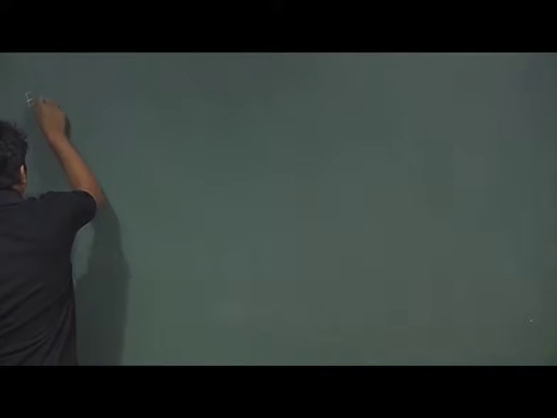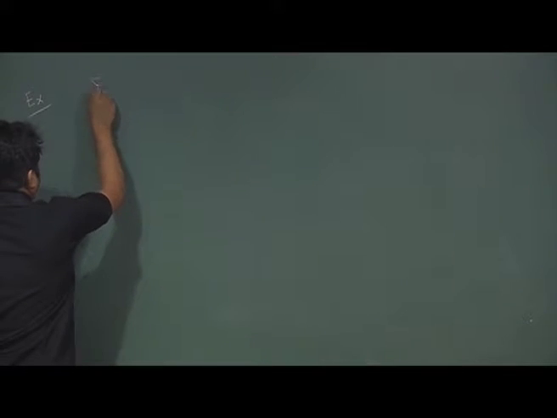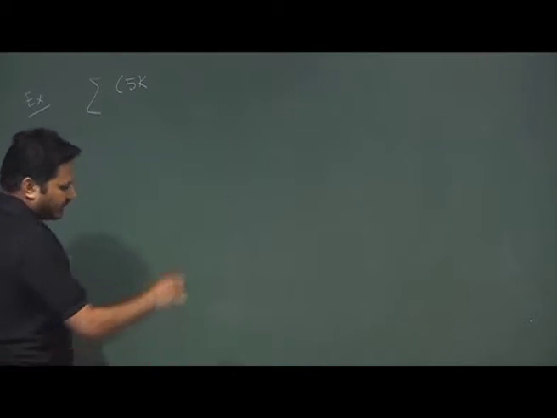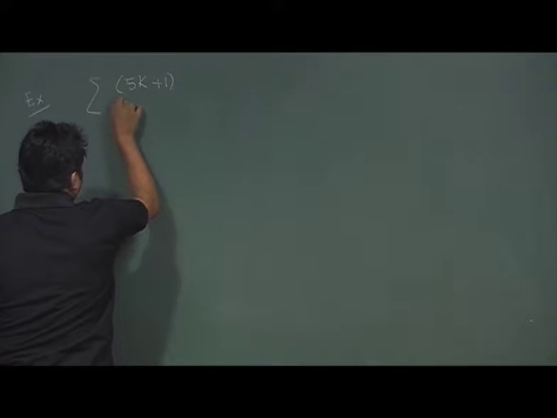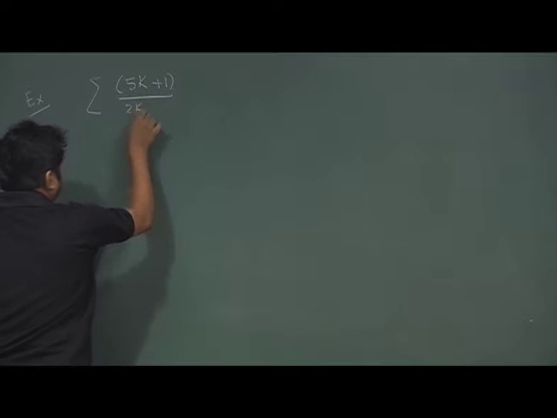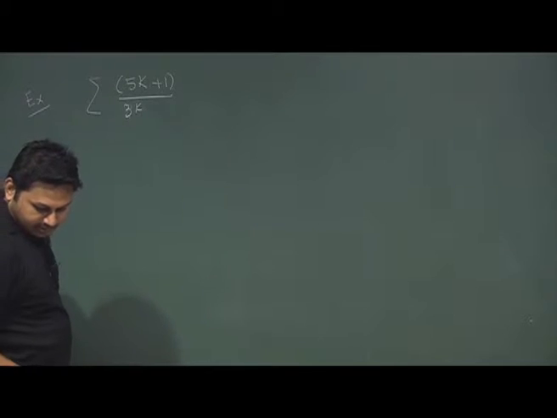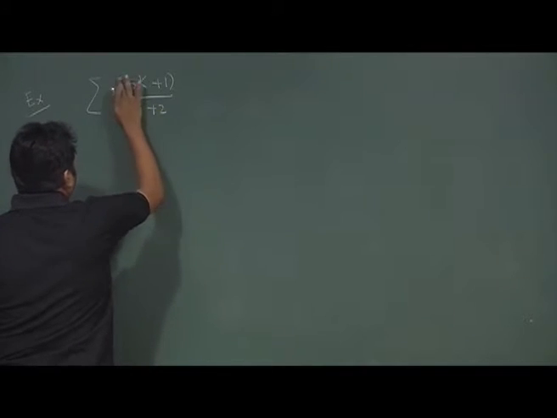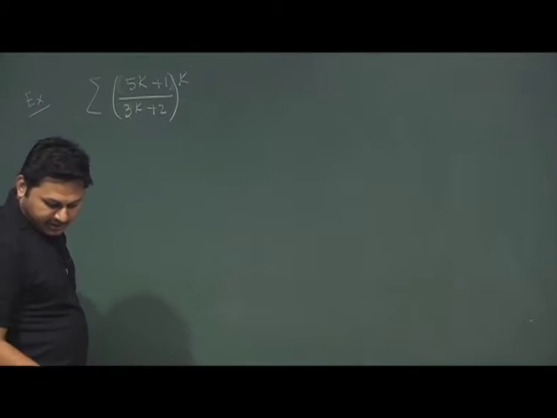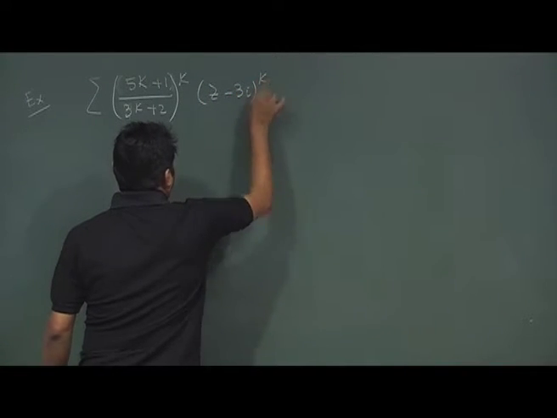So, as a continuation of the previous lecture, I have the series with coefficient (5k+1)/(3k+2) whole to the power of k, multiplied by (z minus 3i) to the power k.